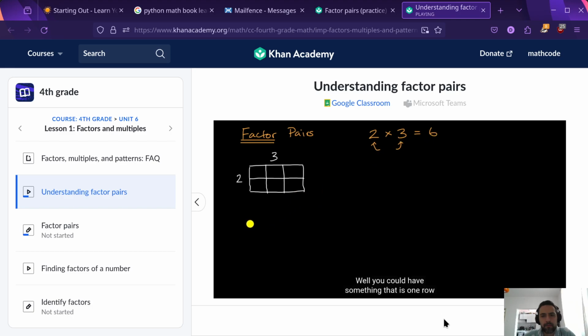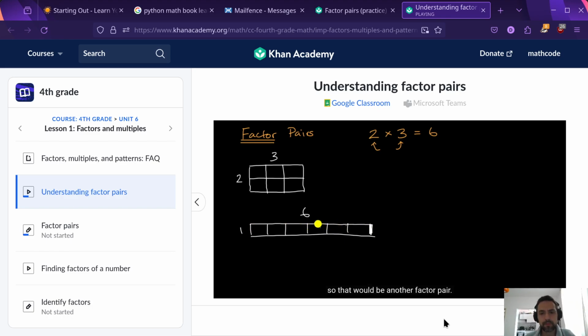Now, what are other ways to get to an area of 6? Well, you could have something that is 1 row, but then it has 6 columns. So maybe it looks something like this. So it's 1 row, and then you have 1, 2, 3, 4, 5. And I want them all to be roughly the same size. So 1 times 6 would be also an area of 6.